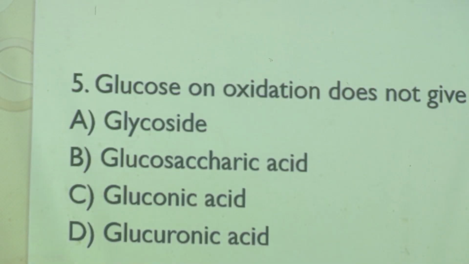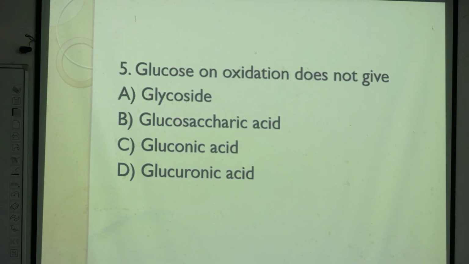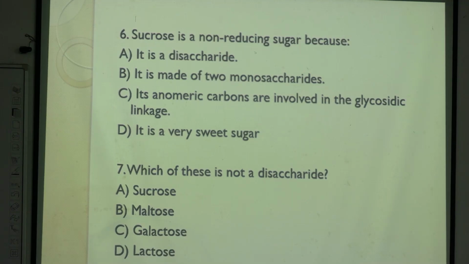Clear? Next, glucose on oxidation does not give: glycoside, glucosaccharic acid, gluconic acid, glucuronic acid. Who will say? Option A, glycosides. Okay, the other three we get at different levels of oxidation. Next, sucrose is a non-reducing sugar because, everyone should be able to say this. Why is sucrose a non-reducing sugar? You.